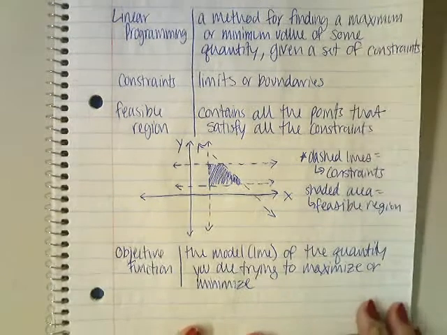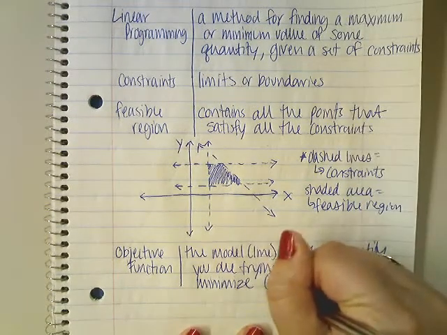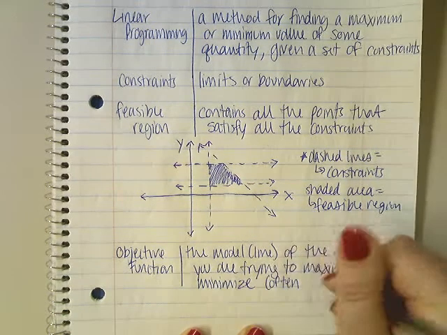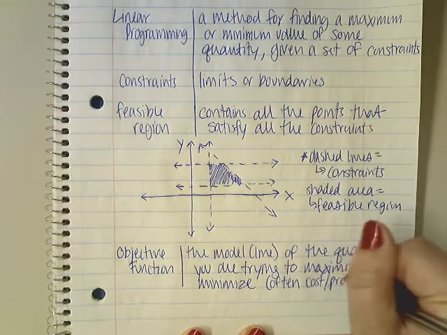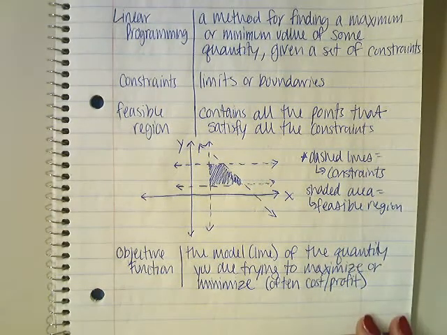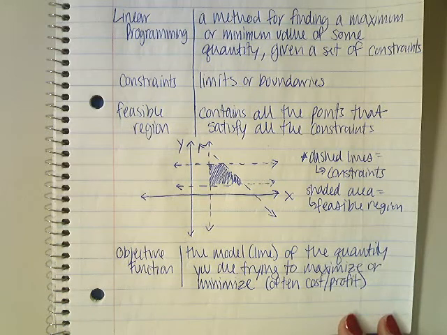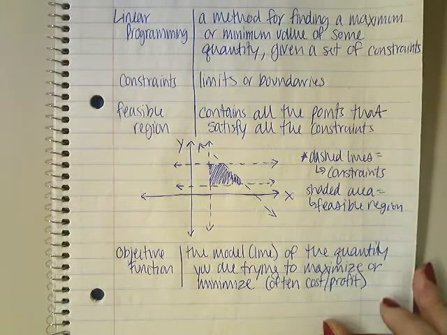In our example problem we're going to do together, it's just going to be a general linear equation, but often in real life contexts, it will be your cost that you want to minimize or your profit that you're trying to maximize. You can use an objective function representing one of those two things to solve your linear program. So I'm going to flip the page.